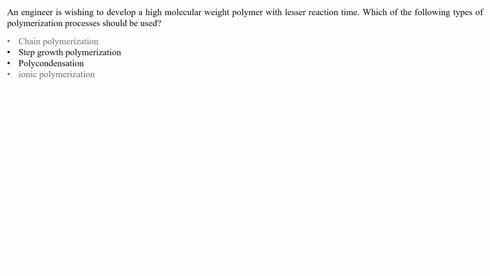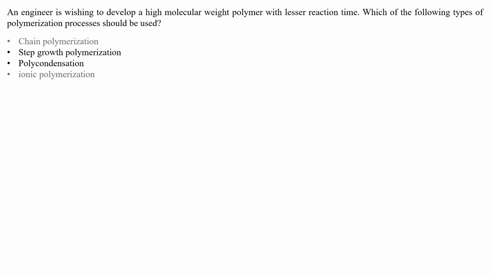Now, the disadvantage of this is that it can facilitate the formation of a dead polymer much more quickly than the chain polymerization or the ionic polymerization process. So that's why step growth polymerization might not be favored for the production of a very high molecular weight polymer. It will definitely give you lesser reaction time, but assurance of a high molecular weight cannot be given for the same.